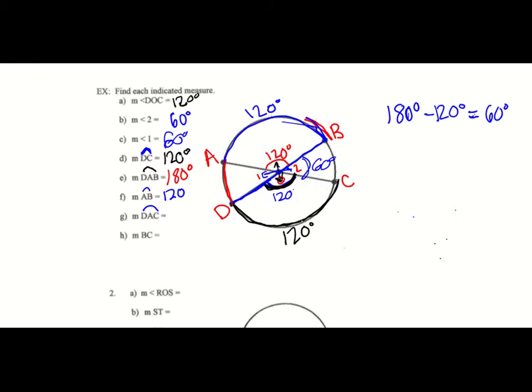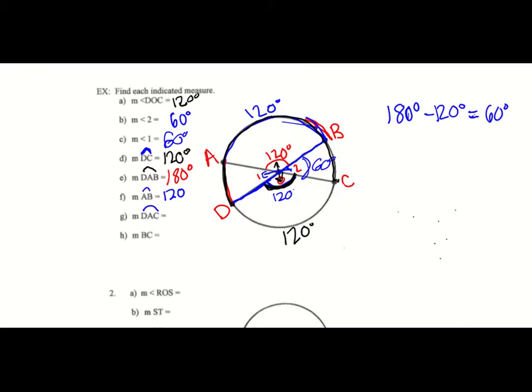Arc DAC. So if we go from D to A all the way to C, that is everything except this piece right here.